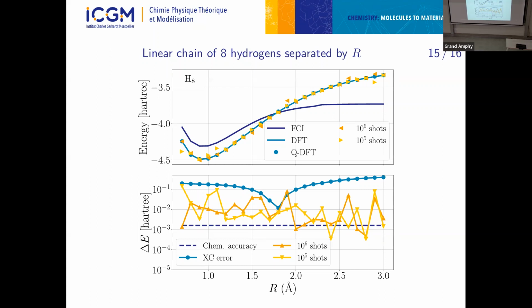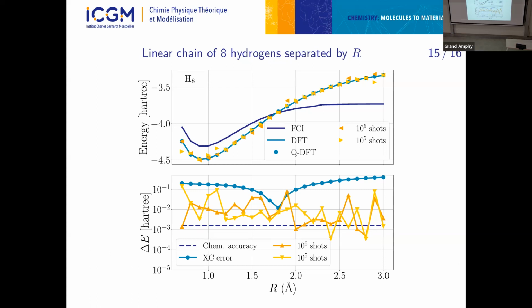So as I said, when you measure the quantum computer, you just get one single bit string, so it doesn't give you any information. So in the algorithm, you have to repeat the operation many times to actually get the expectation value. So we repeated the experiment 10 to the power 5 or 10 to the power 6 times, just to get an estimation of the sampling noise error.